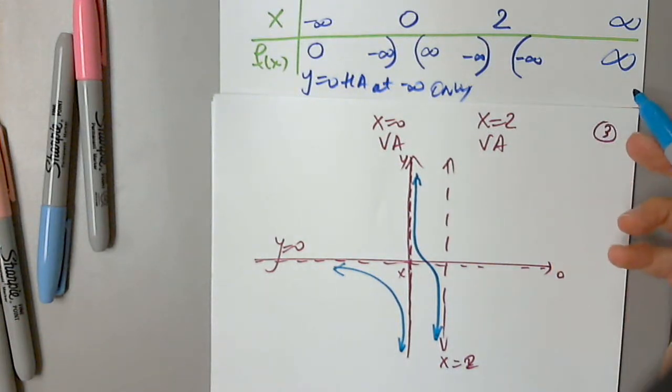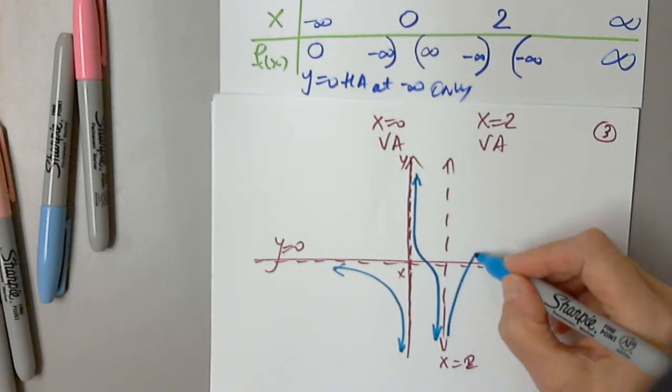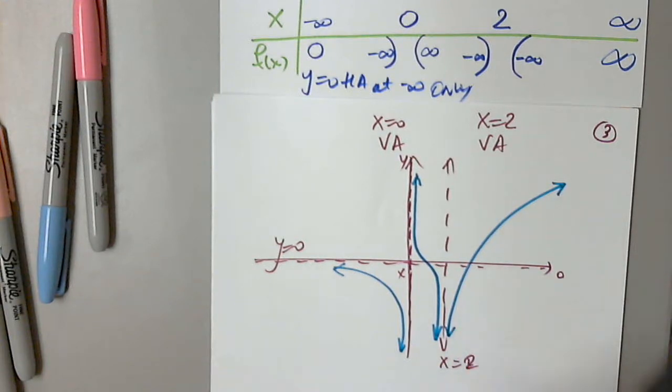And then from negative infinity to infinity, fine. And this is my graph. It complies with all the given conditions. From approaching 0 to approaching negative infinity. From approaching positive infinity down to negative infinity on the left-hand side of x equals 2. And then from negative infinity to infinity on the right-hand side of x equals 2.